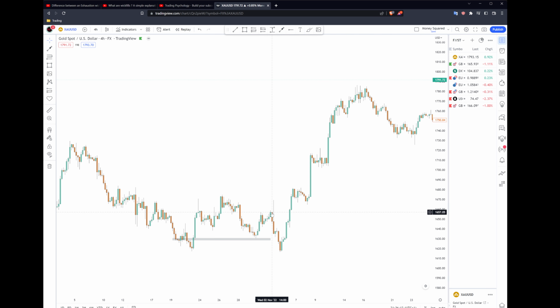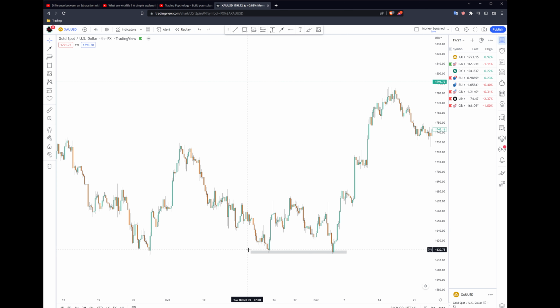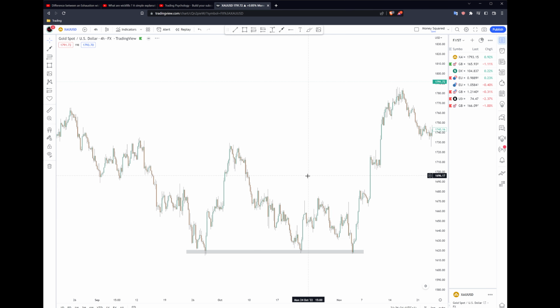It finds a bit of support but not enough, and goes to the next level of support right over here, and then here there is enough support for the price. Look, here is also support.